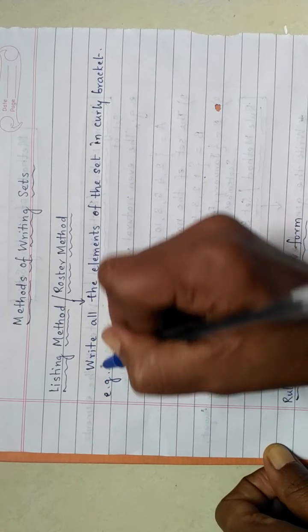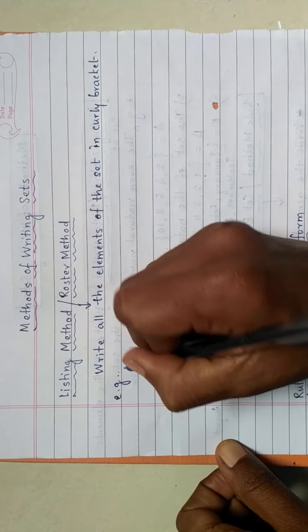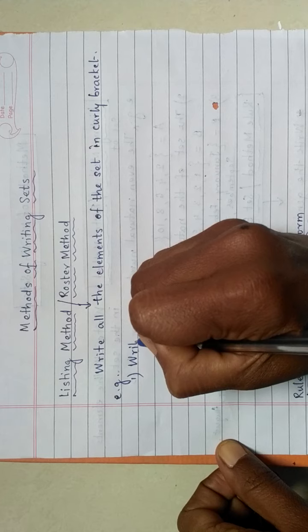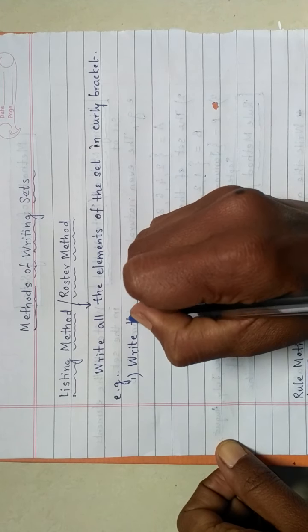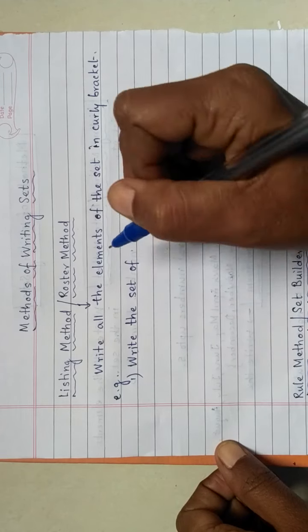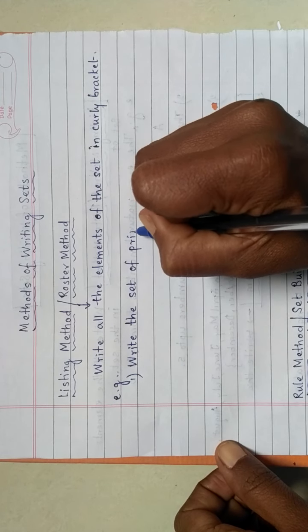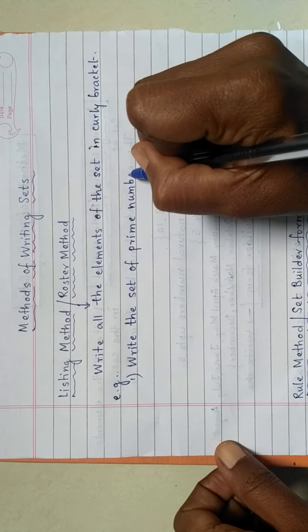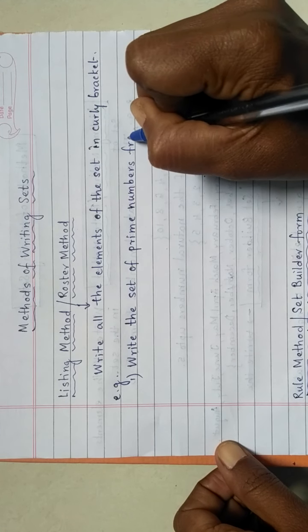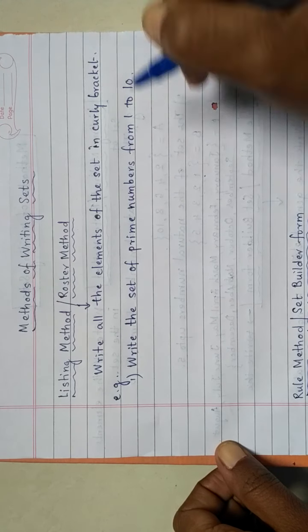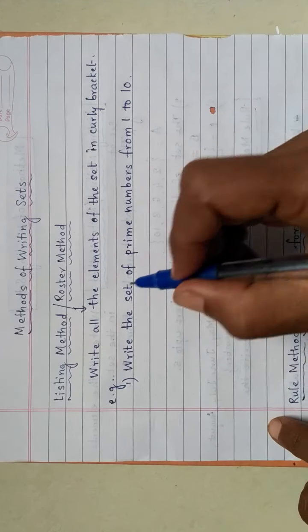For example, first example: write the set of prime numbers from 1 to 10.